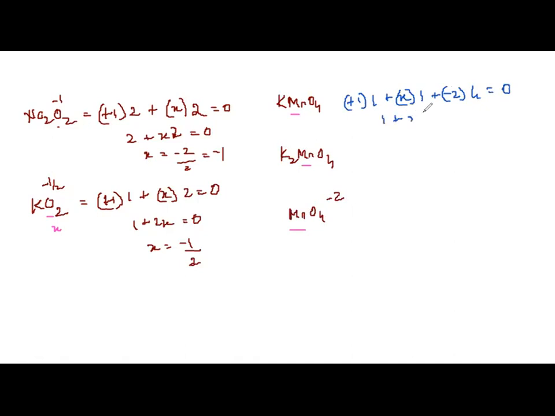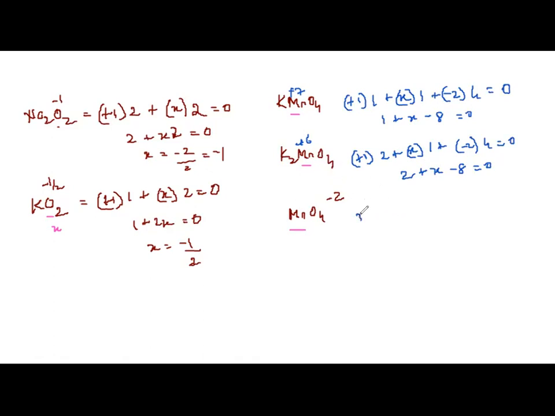So 1 plus x minus 8 equal to 0. Minus 7 becomes plus 7. So x will be plus 7. K2: plus 1 into 2 plus x into 1 plus minus 2 into 4 is equal to 0. So 2 plus x minus 8 is equal to 0. Minus 6 becomes plus 6. Mn, see, what is the oxidation state? It is plus 6, plus 7. Manganese shows the highest oxidation state of plus 7.